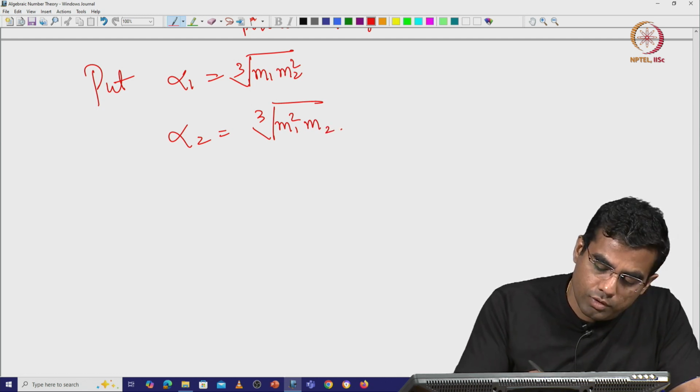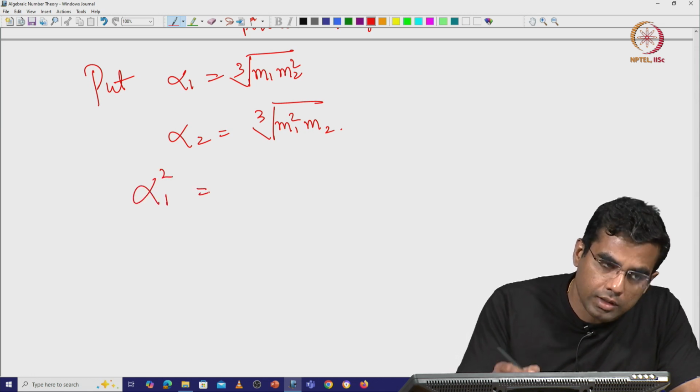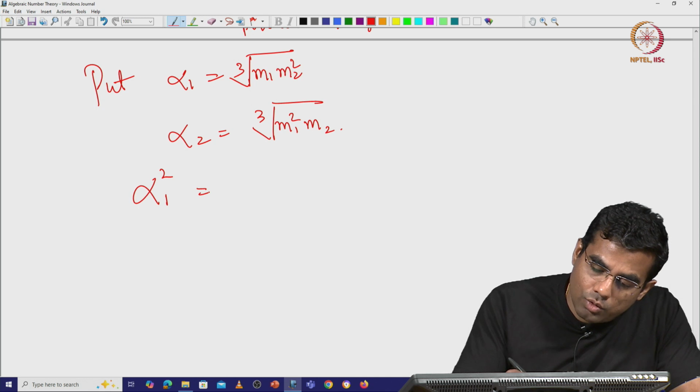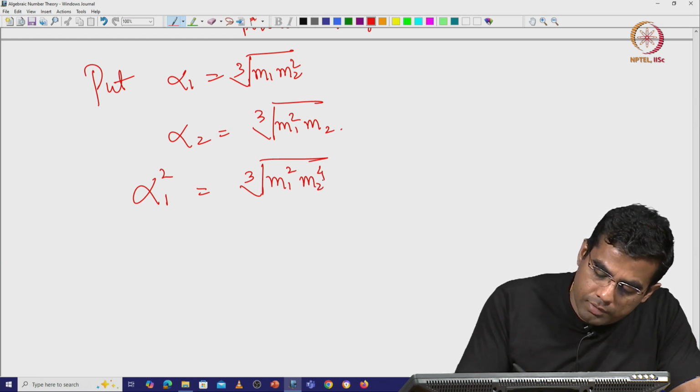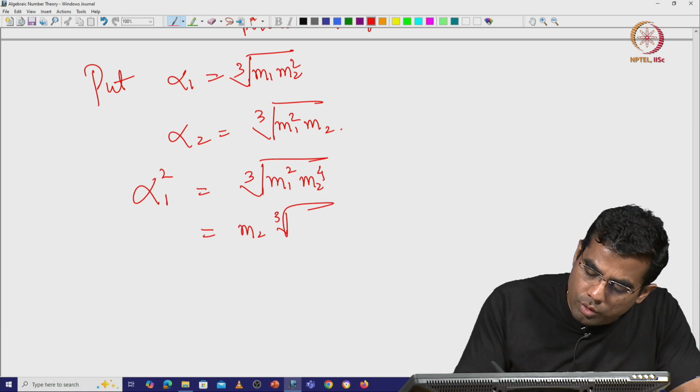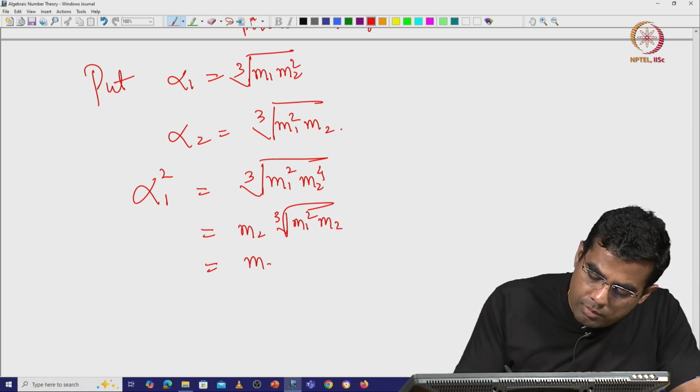If you think about the relation between alpha 1 and alpha 2, if I take the square of alpha 1, this is the cube root of M1 squared M2 to the power 4, which is M2 times the cube root of M1 squared M2, which is the same as M2 times alpha 2.